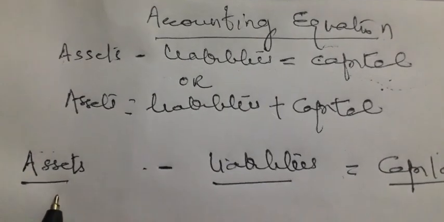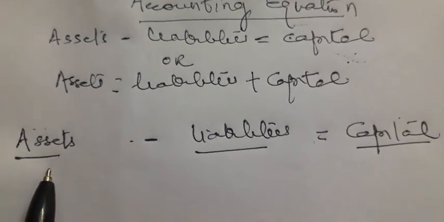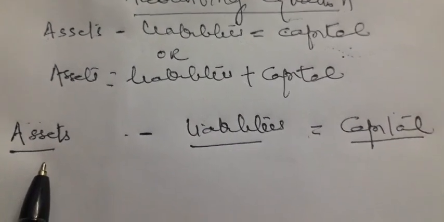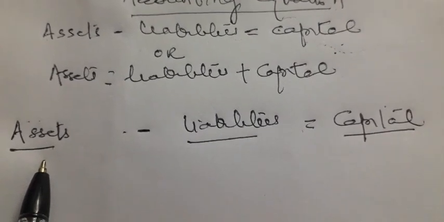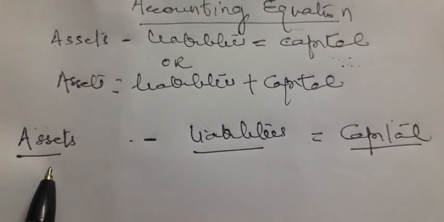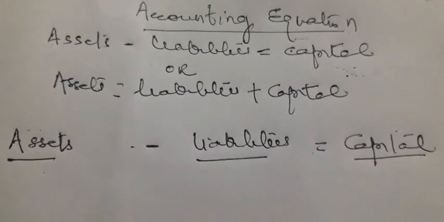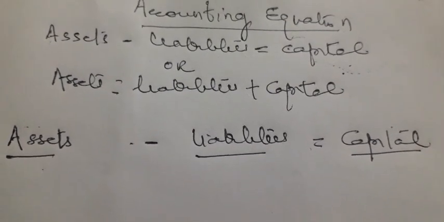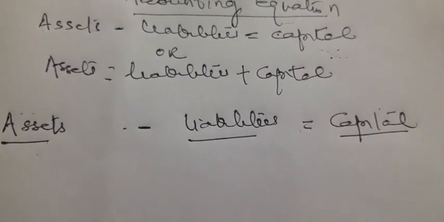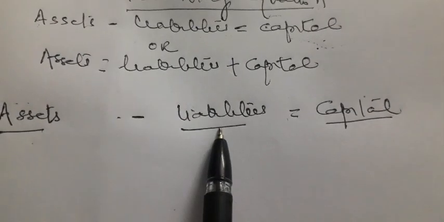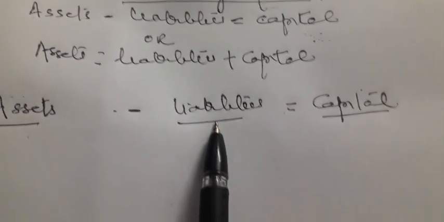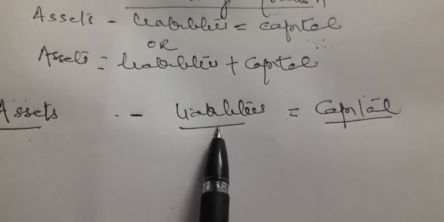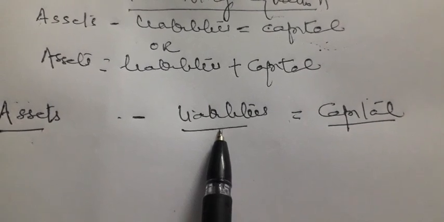Assets, you know, are the properties of the business, the sampatti, with the help of which the business is done, like cash in hand, cash at bank, goods, debtors, building, machinery. Liabilities are the debts of the business, udhar, like creditors, loan.